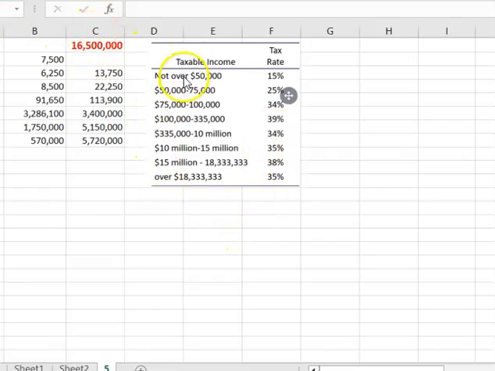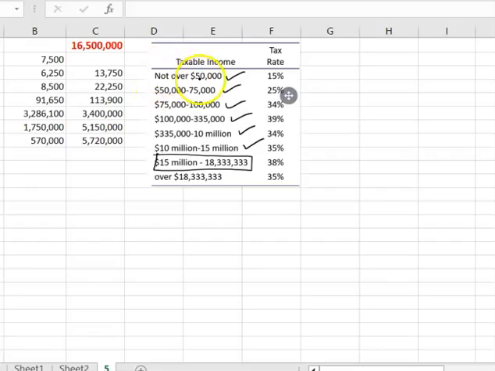Okay, 16 million and $500,000 covers this bracket, more than 10 million, more than 15 million, and it falls into this bracket.